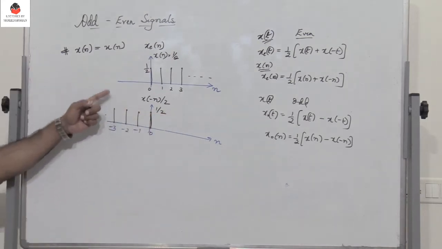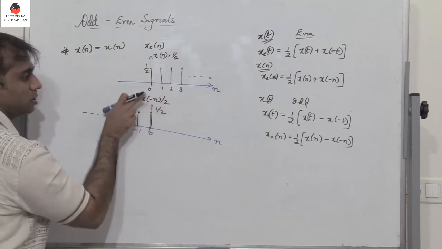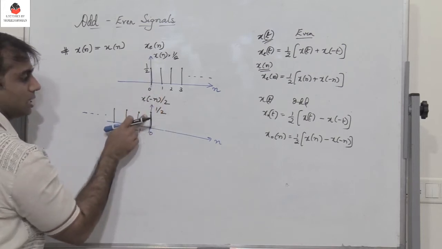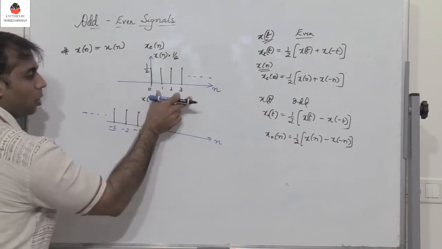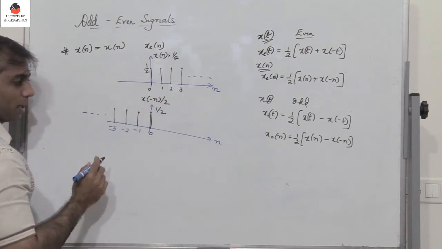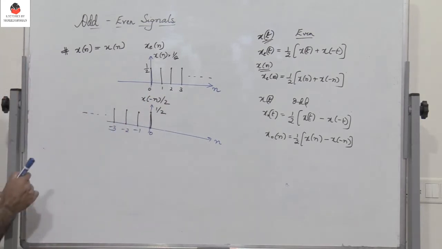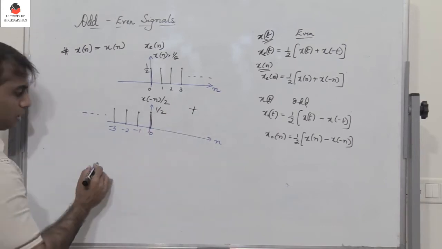Now these two signals have to be added. When I add these two signals, only the amplitude values at n equal to 0 get added. Half plus half becomes 1 at n equal to 0, and all the remaining impulses will have an amplitude equal to 1 by 2. So what do we get?